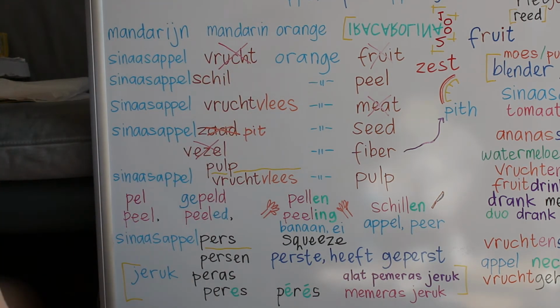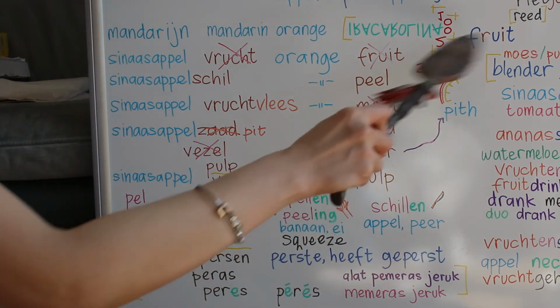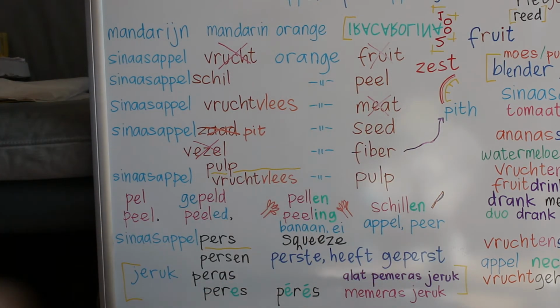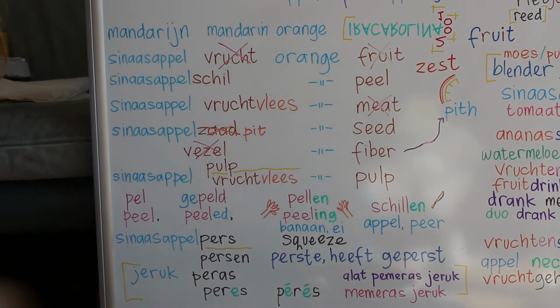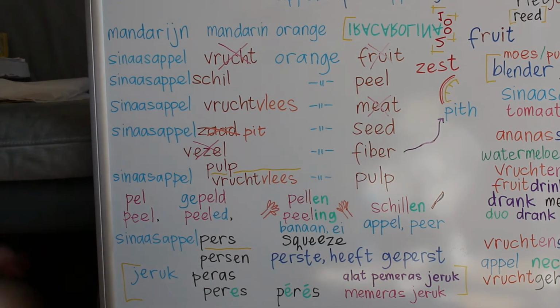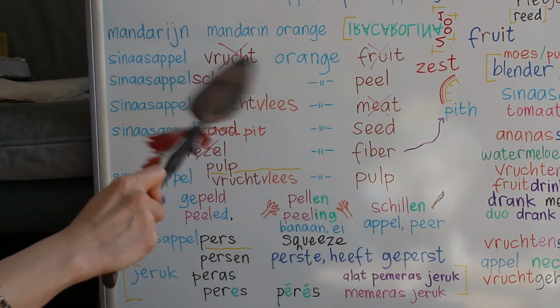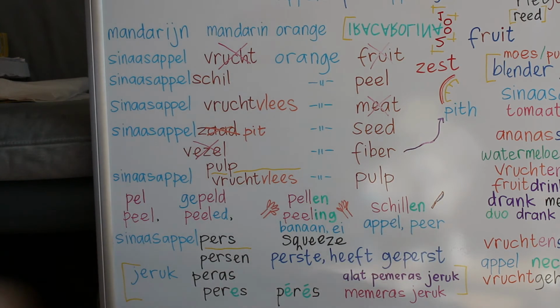And in Dutch we also have fruit, which is different from vrucht. Fruit here is like we have fruit, we have vegetable. But if you say vrucht, it means it's part of, let's say, the orange tree.